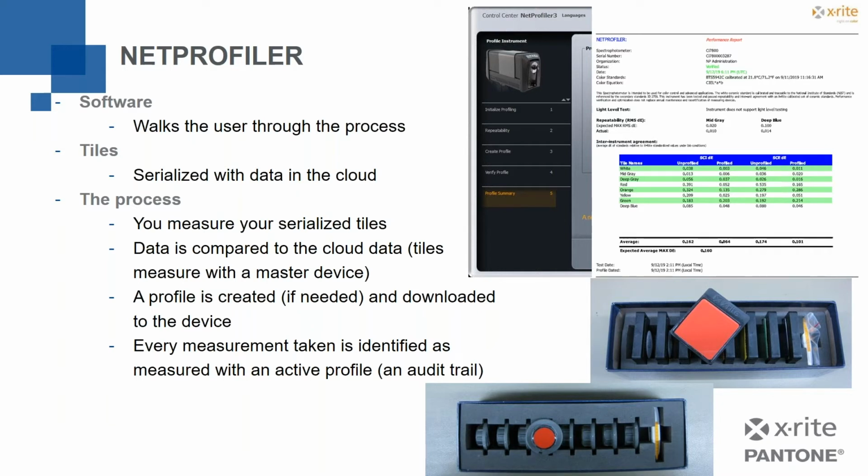NETPROFILER, by the way, a profile is active for 30 days. It starts to warn you when the profile is going to expire, that you need to go reprofile the instrument. Okay, and it identifies then that your instrument is profiled and that your measurements have been taken with an active profile, giving you that audit trail.